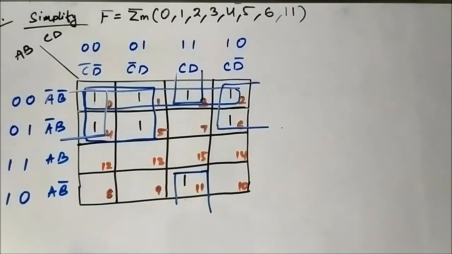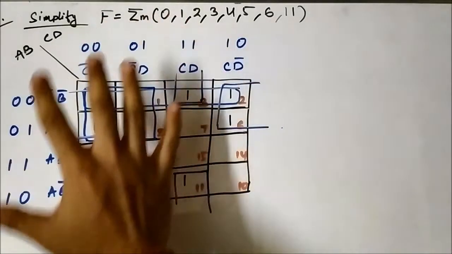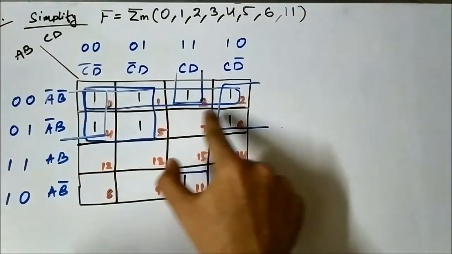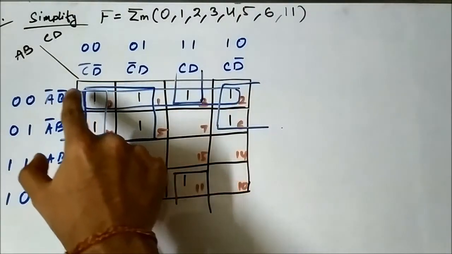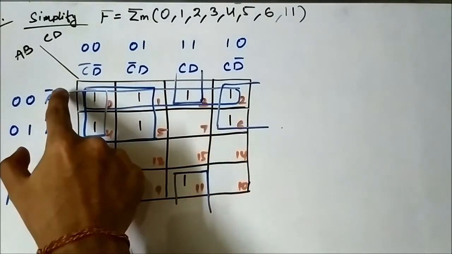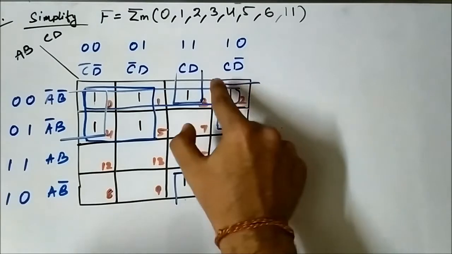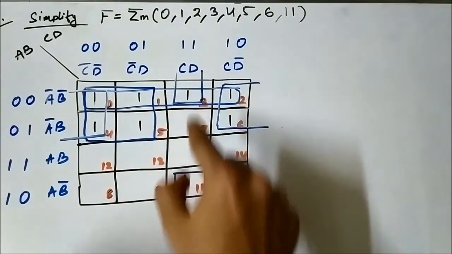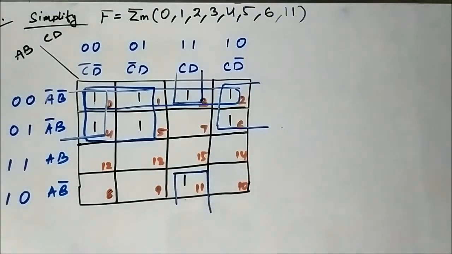For these 4 groups we have to identify the common variables. One quad is formed here, one quad here, one quad with these 2 cells and these 2 cells, and one pair involving this cell and this cell.